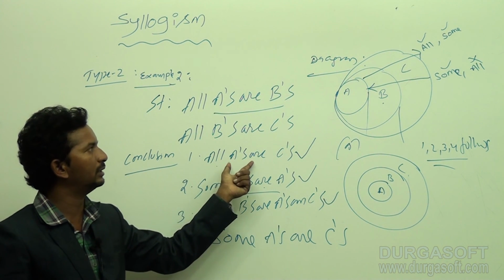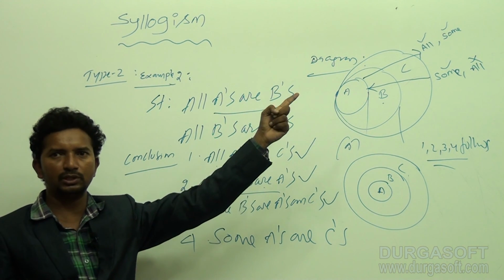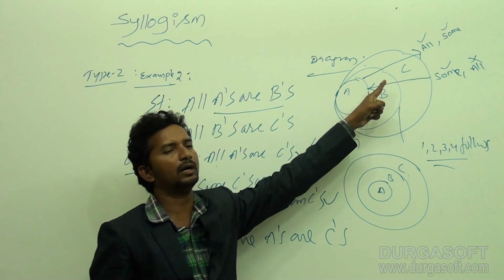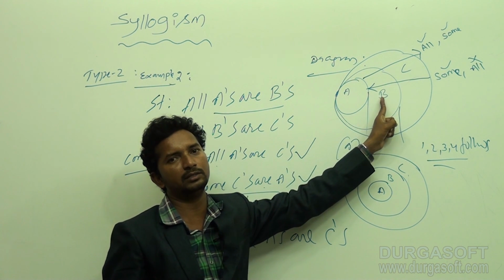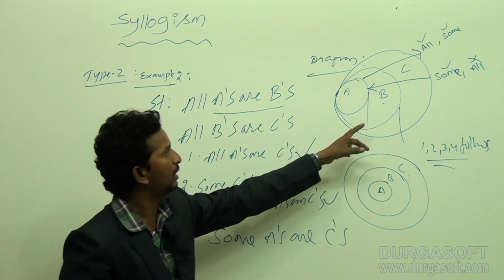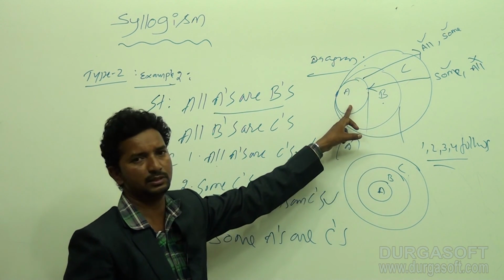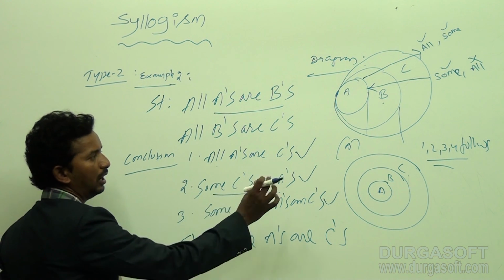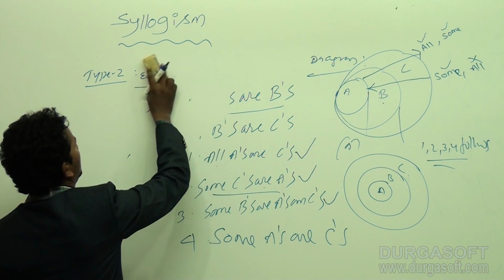A is there, and C is on top. Going from A to C, all follow and some follow: all A's are C's, all B's are C's, but not all C's are A's, and not all C's are B's. Now some C's are B's, some C's are A's. Conclusion numbers 1, 2, 3, 4 all follow. Now example 2, coming to the questions.